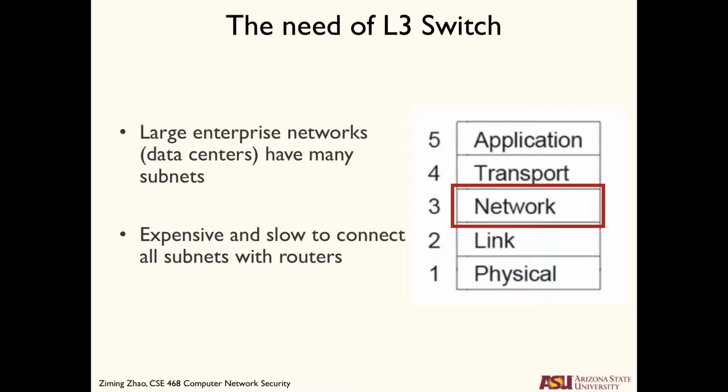The router forwards the packet using the IP headers. However, it's very expensive and kind of slow, because every time a router receives a packet, it will calculate the best route for it. So it's not the best practice. That's why several companies, I think it started from Cisco, came up with the idea of a level 3 switch.